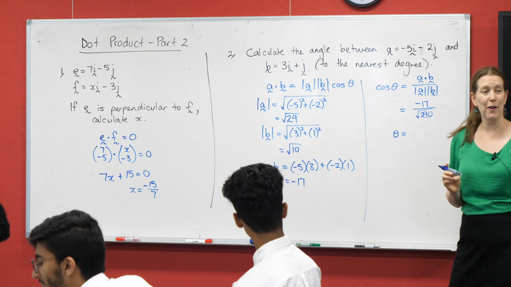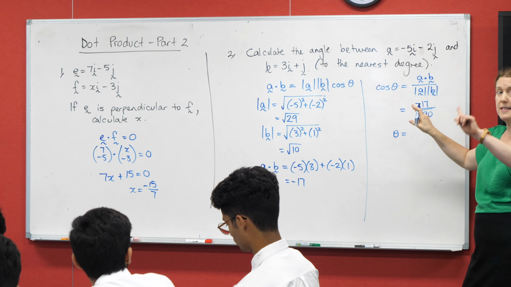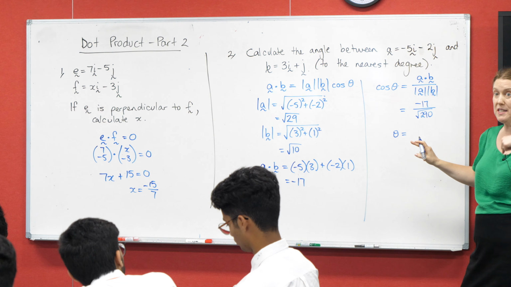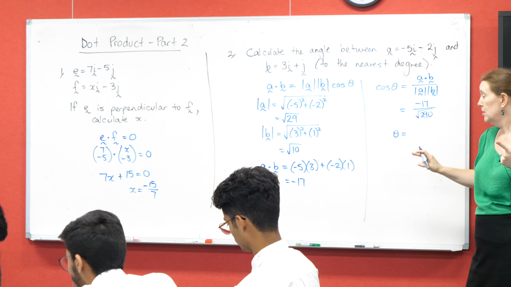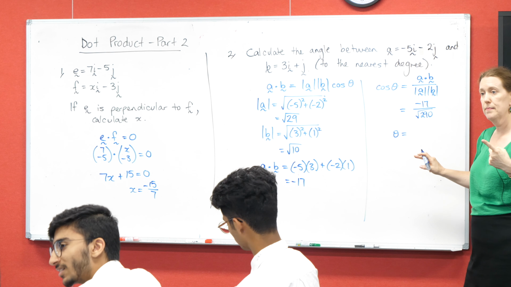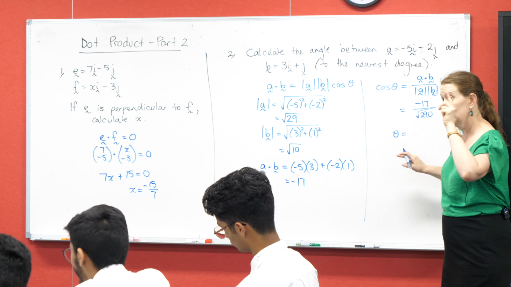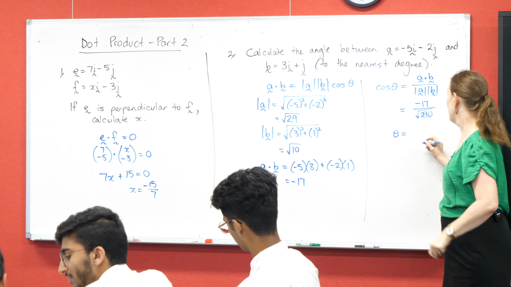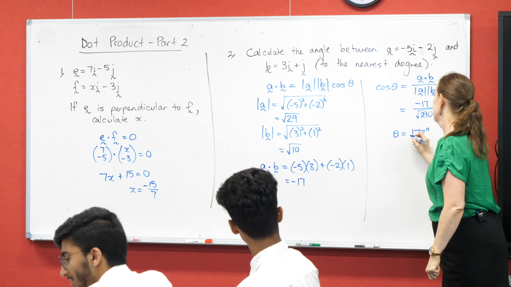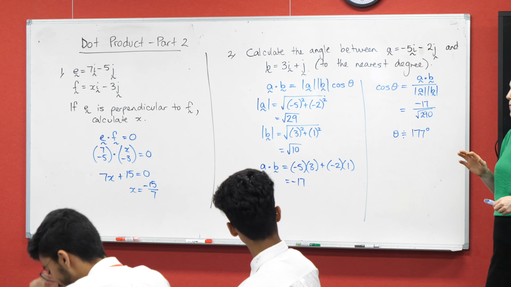Theta is therefore going to be, it's a negative, which means it's second quadrant, which means it's an obtuse angle. 176.6. 177 to 1 decimal place. Sorry, to whole degrees. We good with that so far?